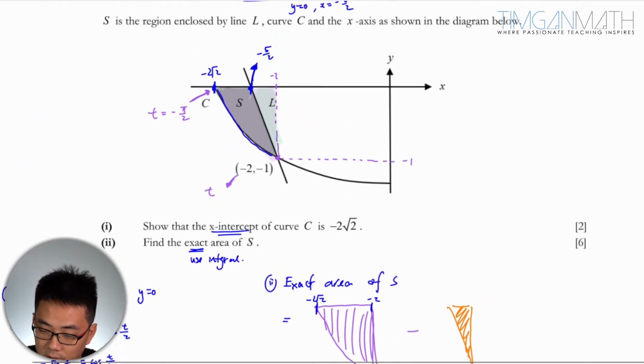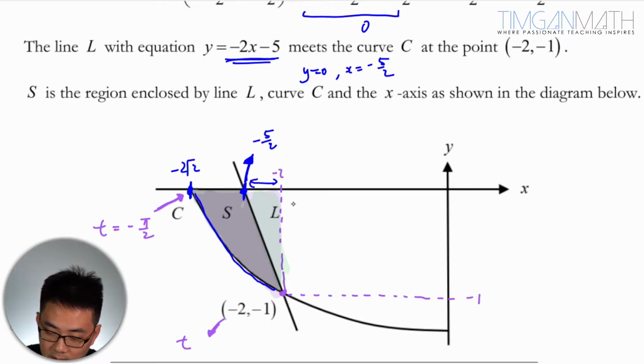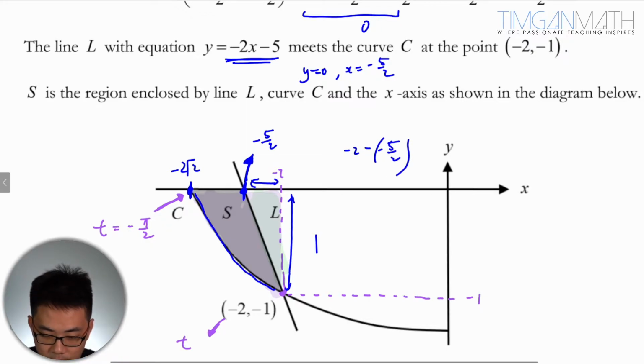Then we're going to use this triangle. This triangle is pretty simple. This triangle is just base times height. This height here is just 1 unit. This is just 5/2, just -2 minus 5/2. That will be half.